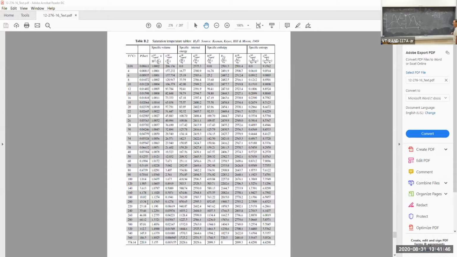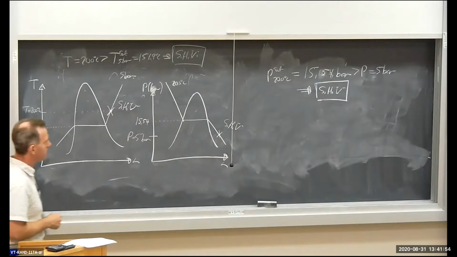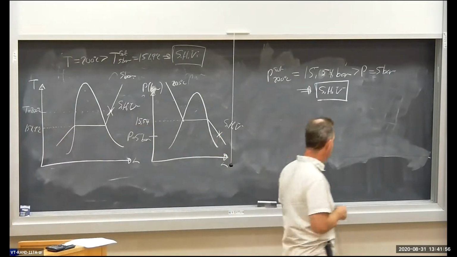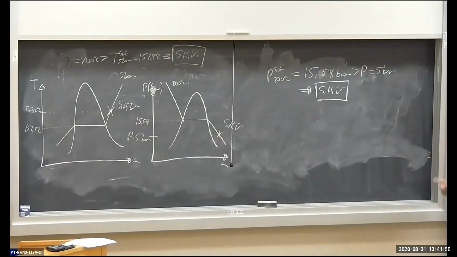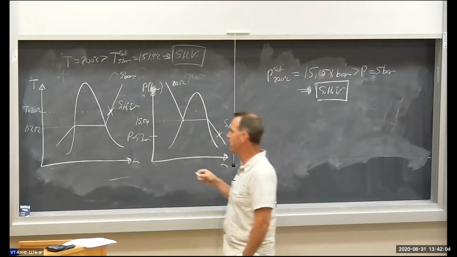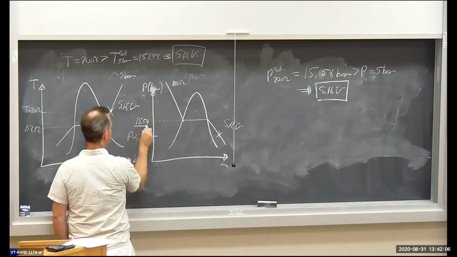Let's do a last problem here. Psat at 200 degrees C is 15.54 bar.